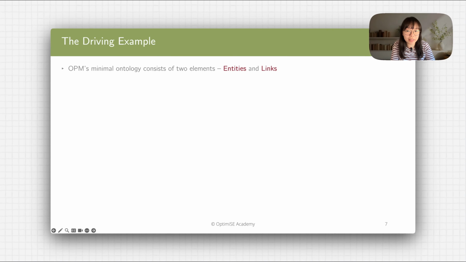Now, you might want to explain to them what's the purpose of this system and how its inner functions and its interactions with the external world help achieve this purpose. In this case, in OPM's context, entities form the substance of your story, and on the other hand, links form the storyline.